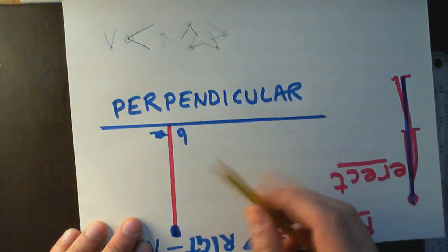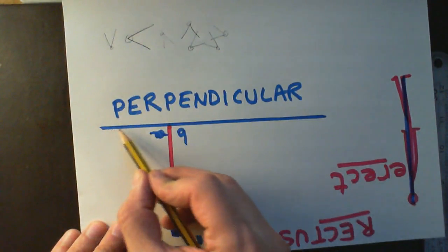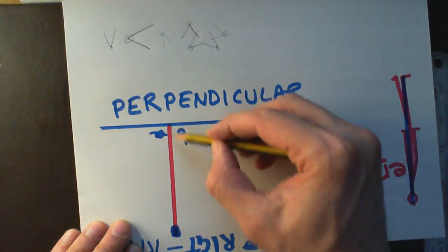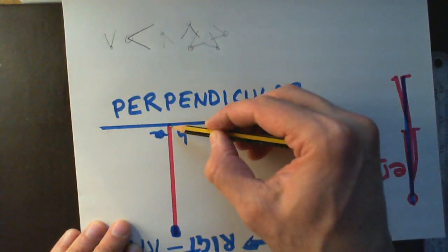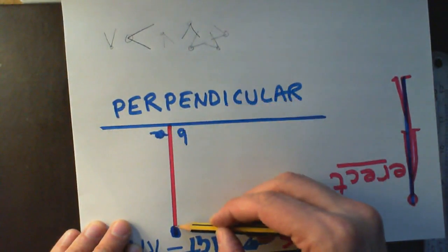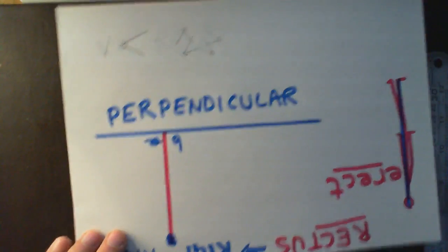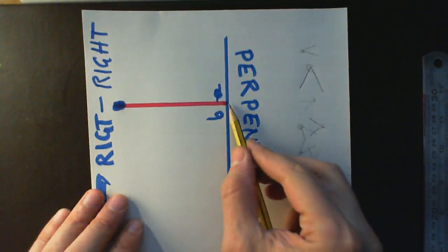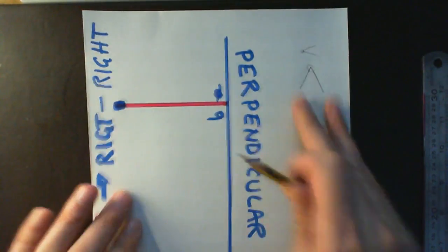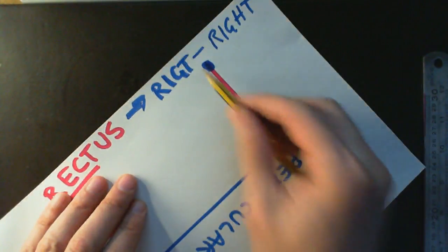Same with perpendicular. We get the meaning from the idea of a string hanging down from the ceiling. It's hanging down very, very much, straight down. But a perpendicular line can also be shooting out sideways. It can be going up this way. It doesn't really matter which way around we turn it.